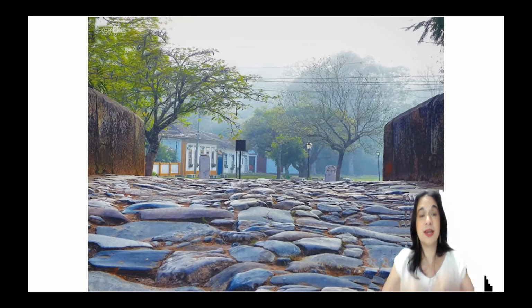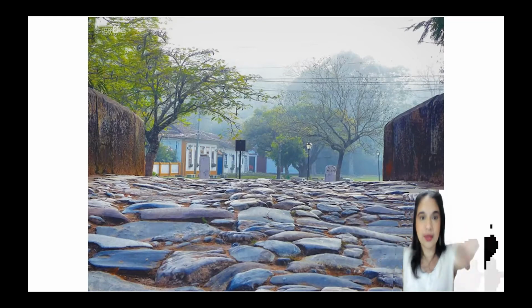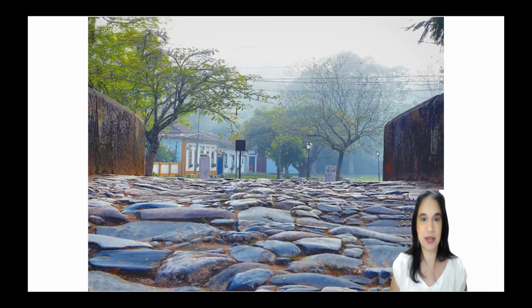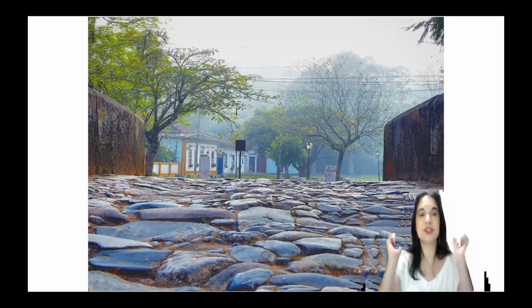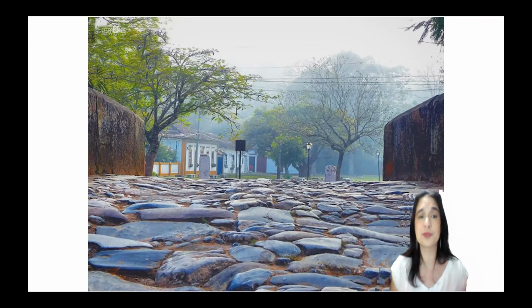But with the end of colonial times, oh, and by the way, just one piece of advice for you as a tour guide. These types of streets still exist in the historic cities of Minas and in Paraty. And I highly recommend that you go there. But if you do, please, for all that is holy, wear comfortable shoes.